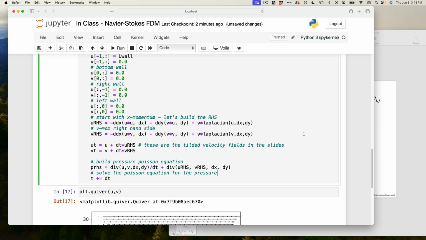Now, if you did this on Tuesday, you should have code for doing the Poisson equation. Let me grab that real quick. And if you don't, do you all have that code?